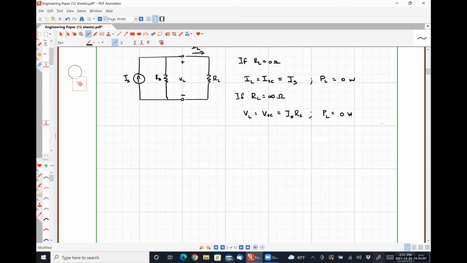And we can see again that our system is characterized by a short circuit current, an open circuit voltage, and the internal resistance of the source RS, giving us pretty much an identical graph. All right. There's IL measured in amps, VL measured in volts.